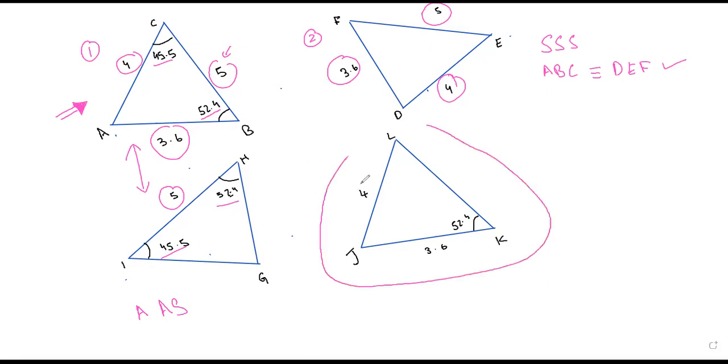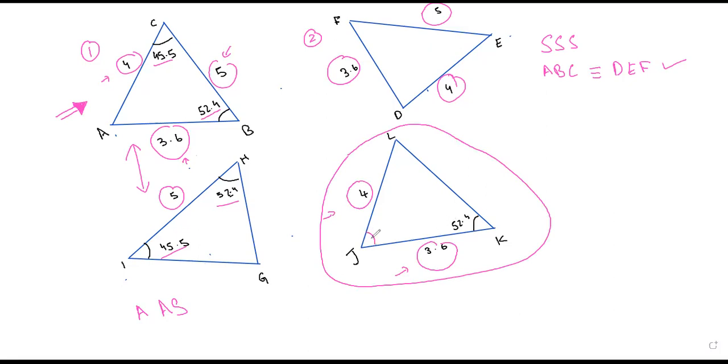For the last one, two sides 4 and 4, they are the same. 3.6, 3.6, they are the same. So two sides are the same, and an angle is also the same. But what about this angle? This angle is not this angle.